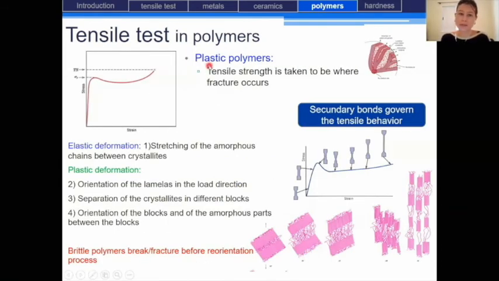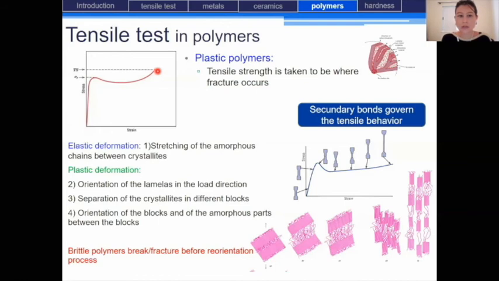For plastic polymers, the shape of the stress-strain curve is also very different from the one of metals. In that case, you can see the elastic region and then the yield stress, the yield point, and a decrease of the stress after this point, and then an increase again of the stress up to fracture.